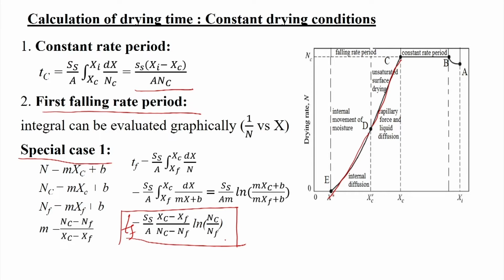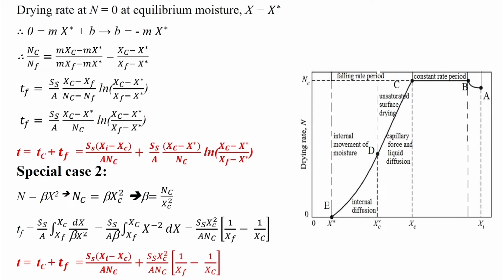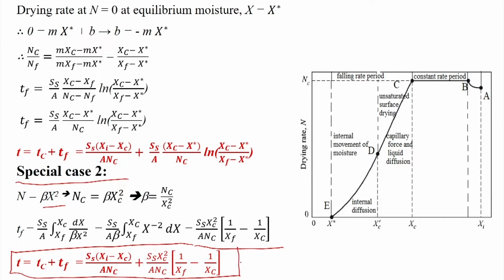Or if the falling rate is proportional to the square of the moisture content, then T_f will be Ss by A into N_c into X_c square into 1 by X_f minus 1 by X_c. Then the total drying time will be the sum of the constant rate period time and the falling rate period time T_f: Ss by A N_c into X_i minus X_c plus Ss by A N_c into X_c square into 1 by X_f minus 1 by X_c. These are the regular cases.